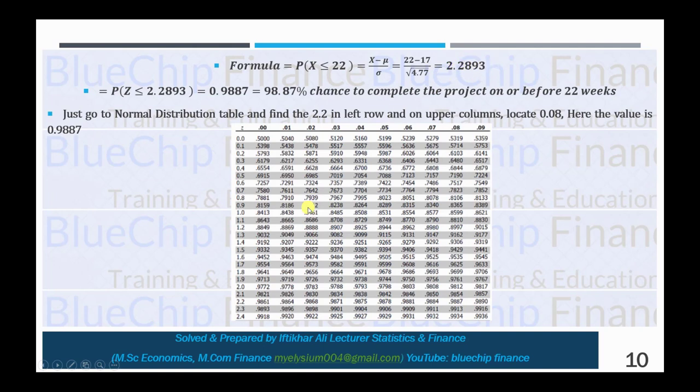So now just go to the Z distribution or normal distribution table and locate the 2.28 value. So 2.2 should be observed in the row and 8 in the column. So the value here is 0.9887. So 98.87% is the probability or chance that you will complete your project within 22 weeks.